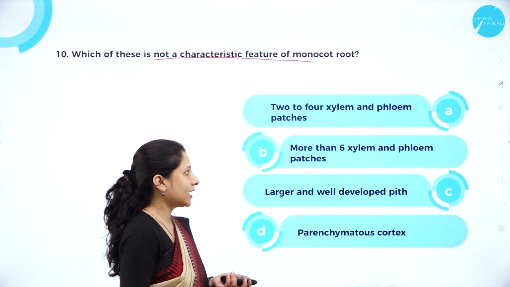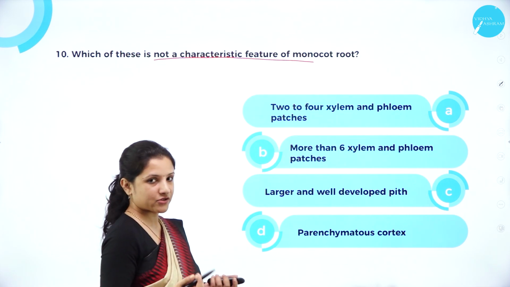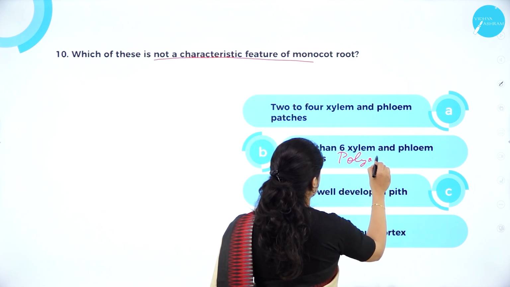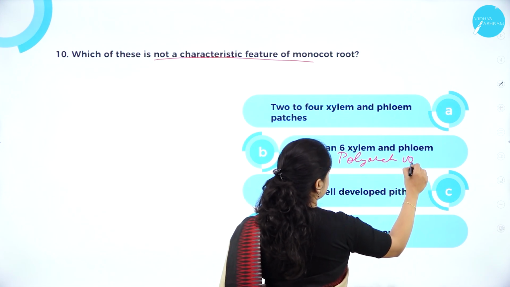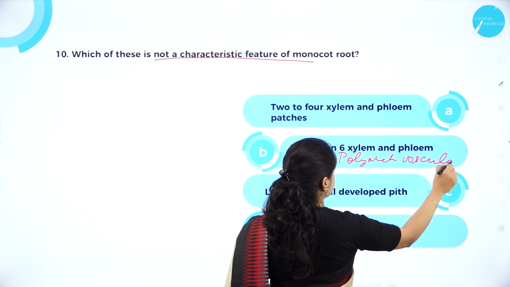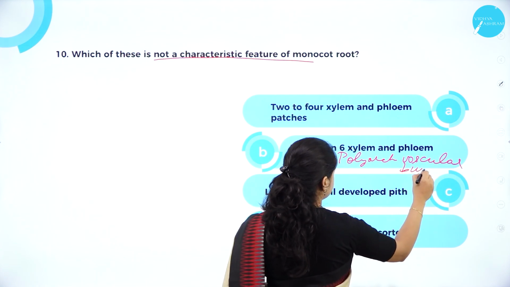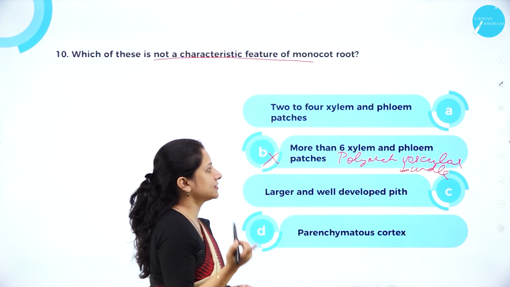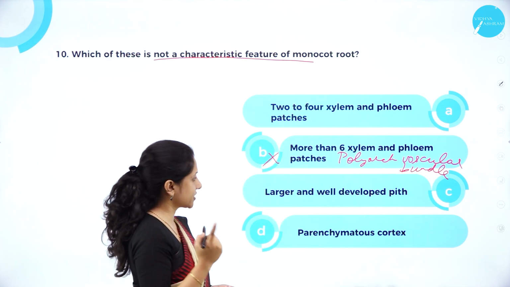Yes, they have more than 6 xylem and phloem patches, or here they can give the condition as polyarch vascular bundle. That option can be given because both are one and the same here. So this option can be eliminated because they have more than 6 xylem and phloem patches, which is correct.